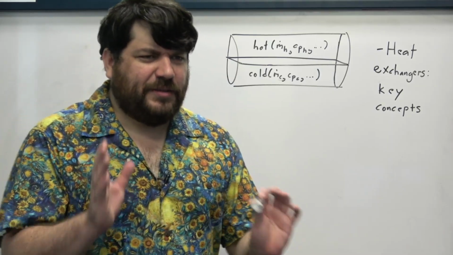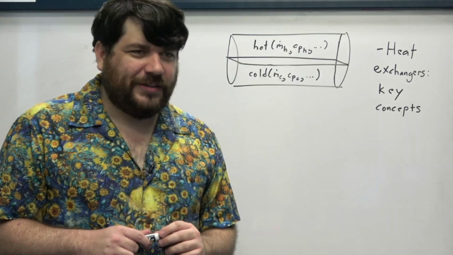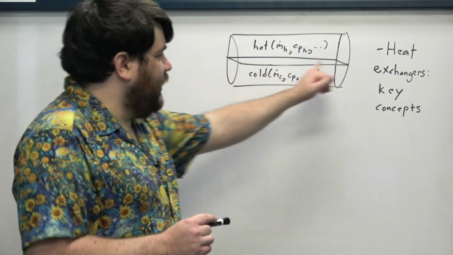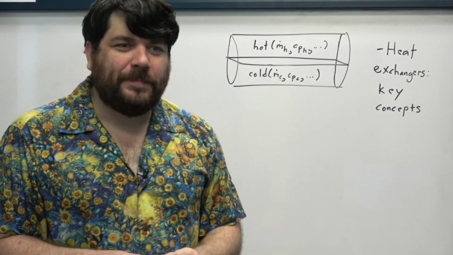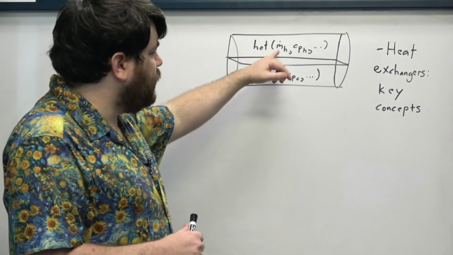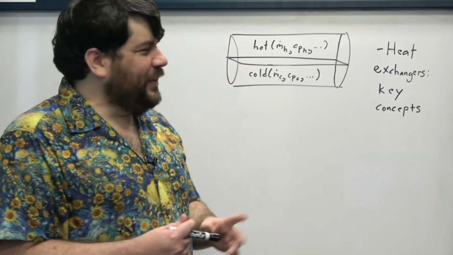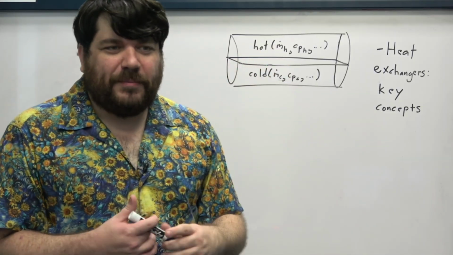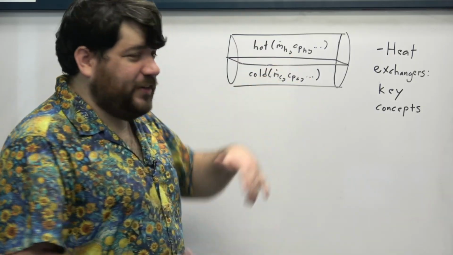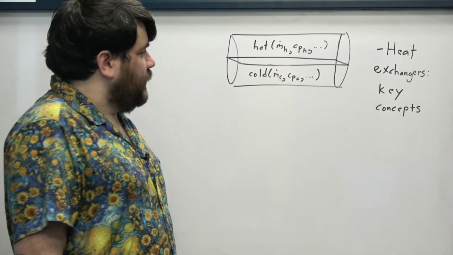So the simplest way to describe a heat exchanger is just some kind of device, a pipe with a metal flange in the middle, where we have hot liquid flowing in one direction with a mass flow rate m.h and all of the material properties that you would expect such a fluid to have, a density, a specific heat capacity, and so on and so forth.